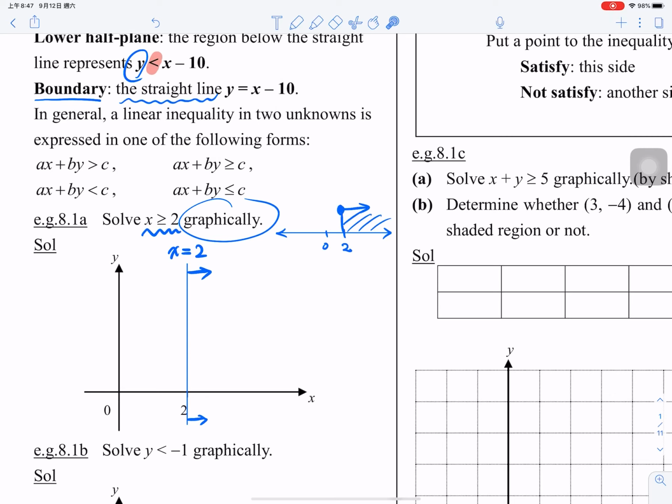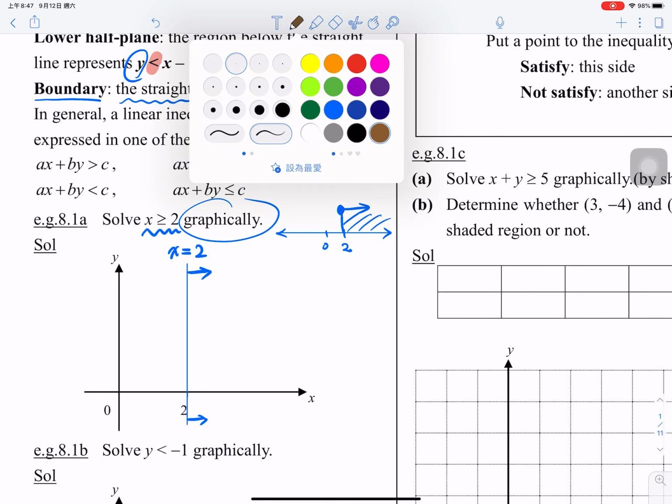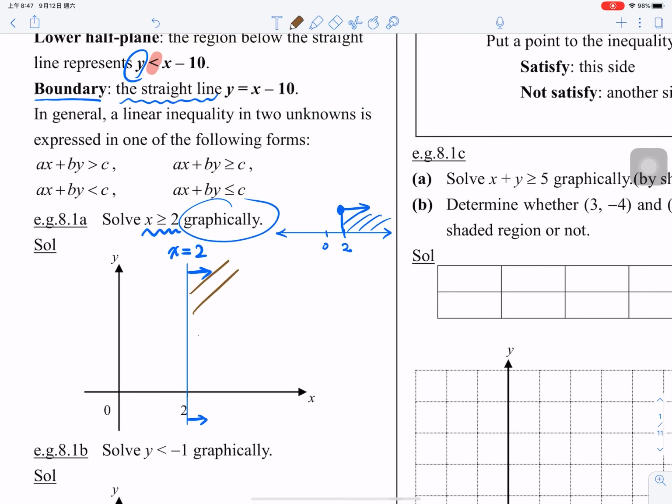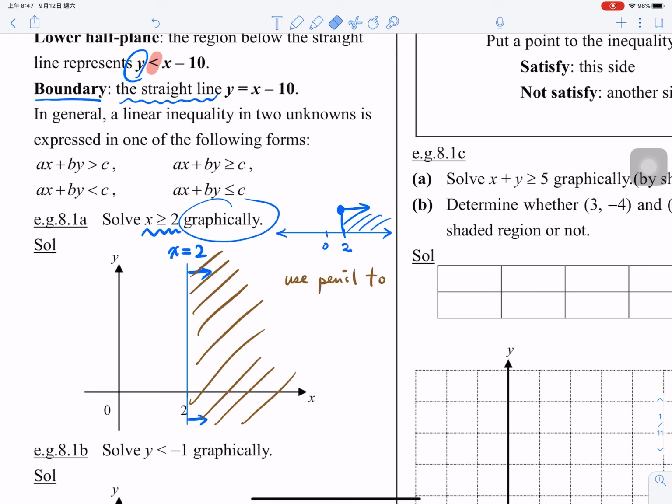However, for the inequality signs, use a pencil to draw it. Okay, shade the region. Just now I forgot to remind you to use a pencil to draw. Oh, sorry.